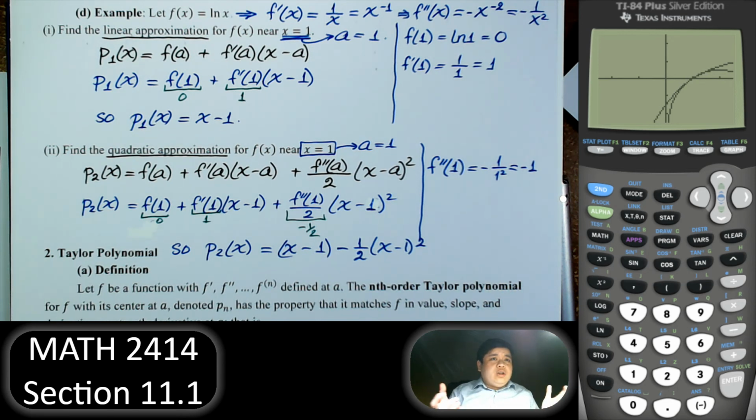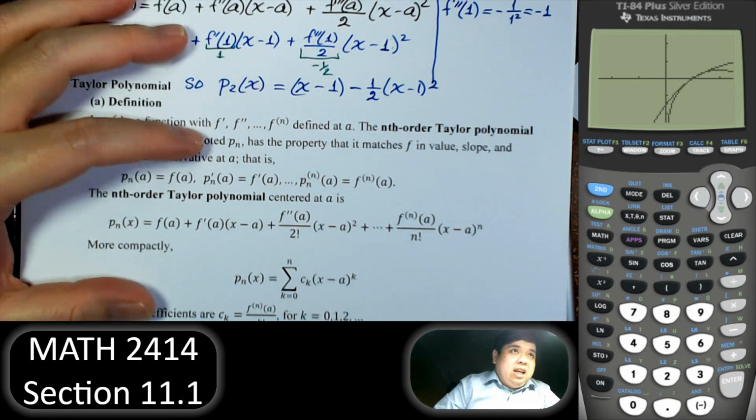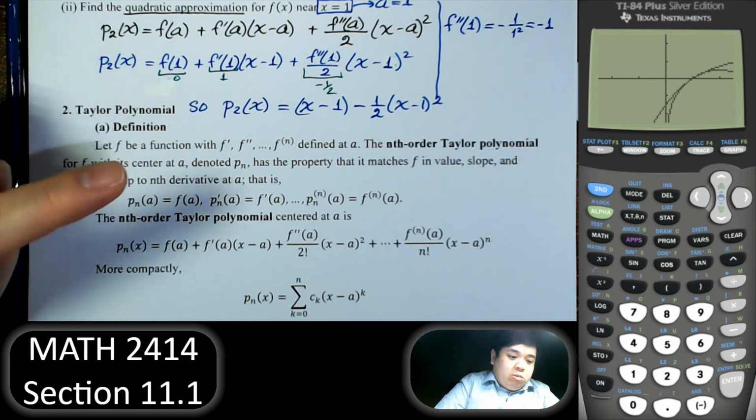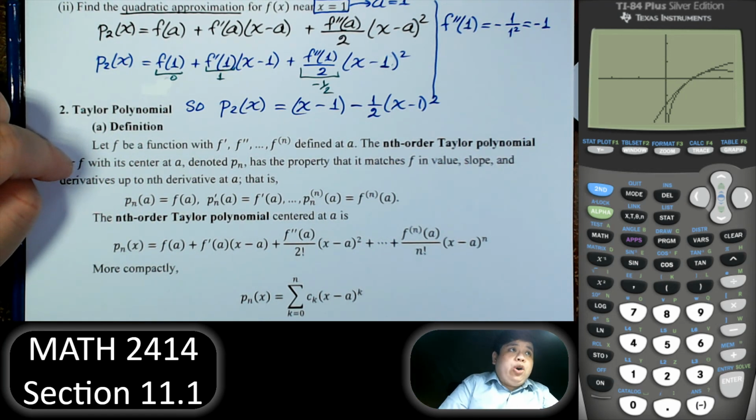Of course, if we want to, we can use not only the first and second derivative of the function, we can use the third derivative and so on. So that idea of what we did, in general, is a Taylor polynomial.